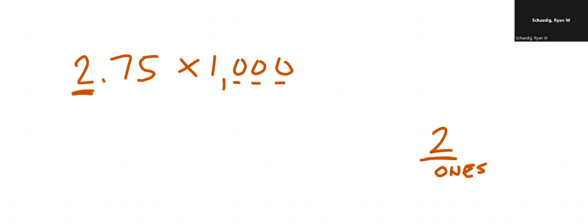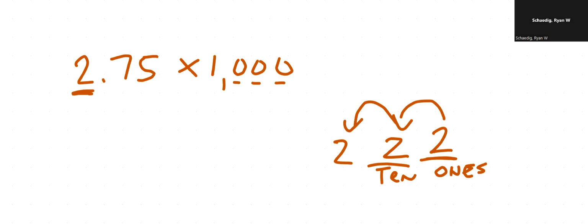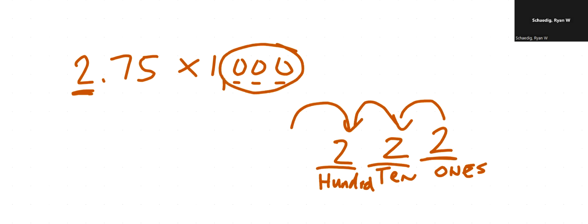If I move to the next place value, it'd shift over here and that would make it a 10. That's 1 jump. Then it'd come over to the hundreds. That's 2 jumps, but I said it's 3 jumps because it's 3 zeros. So I'm going to move 1 time again, and that puts my 2 in the thousands. So there it is. It jumped.